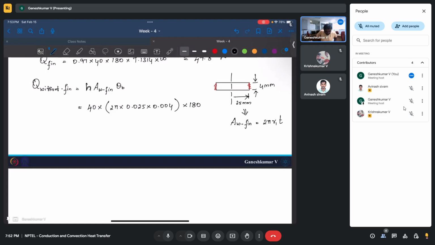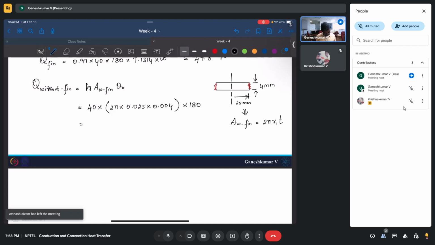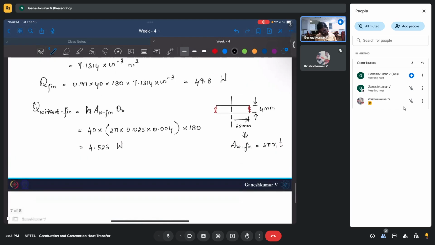Now if you calculate this number, it's going to be 2 pi times 0.025 times 0.004 times 40 times 180. I'm getting something like 4.523 watts. So this is the amount of heat transfer you will get when you do not have a fin. When you have fin, you will get something like 49.8 watts.